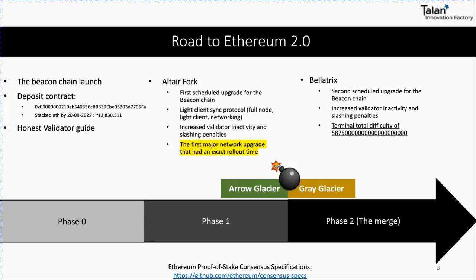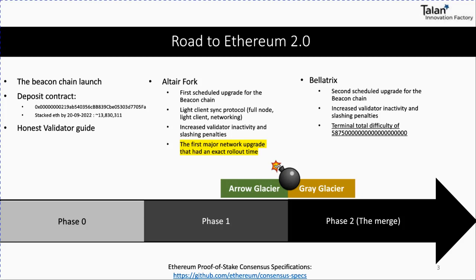It's the first scheduled upgrade for the beacon chain, and light clients were added, like the sync protocol, because the beacon chain is going to use less hardware to run. We have the specification for the light client and the full nodes that help the light clients synchronize, and increased validator inactivity and slashing penalty. This is what happened during this fork.